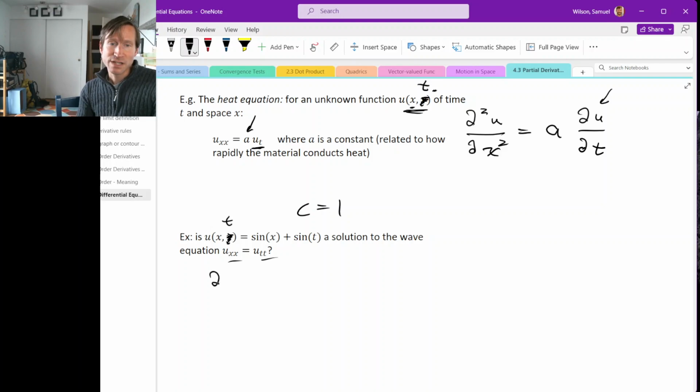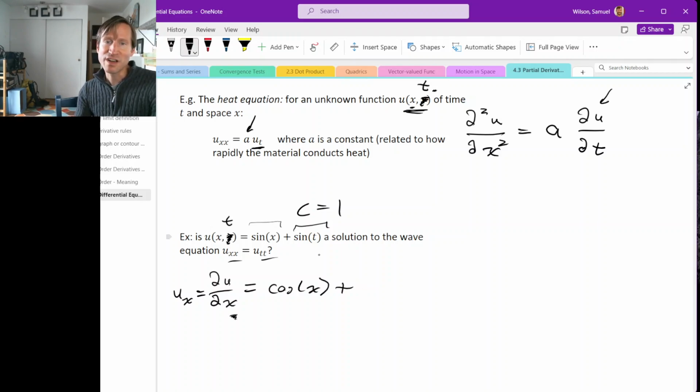So let's calculate partial u partial x. So this would be u_x. Taking a derivative with respect to x, the derivative of sine x is cosine x. And then the derivative of sine t with respect to x, well, sine t acts like a constant when x is the variable, and so the derivative of sine t with respect to x is 0.